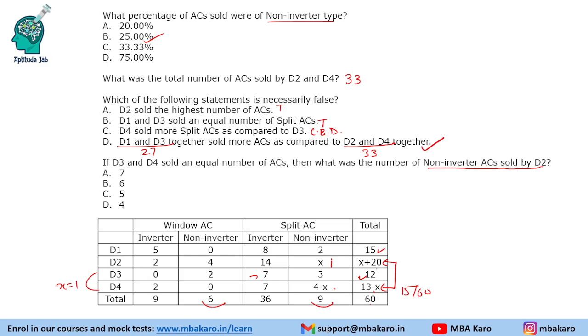So we will put x equal to 1 over here, and we need to find for D2 non-inverter ACs. So non-inverter 1 AC here and 4 ACs here, a total of 5 non-inverter ACs sold by D2. So this was the solution to the set and the answers to the questions.